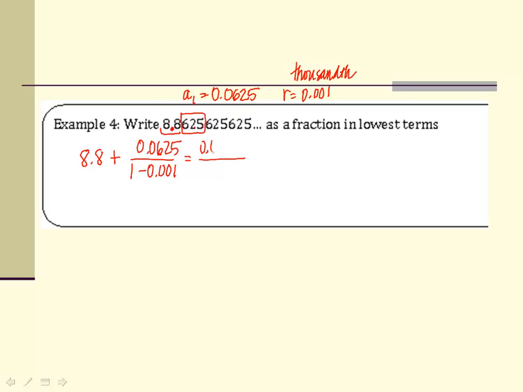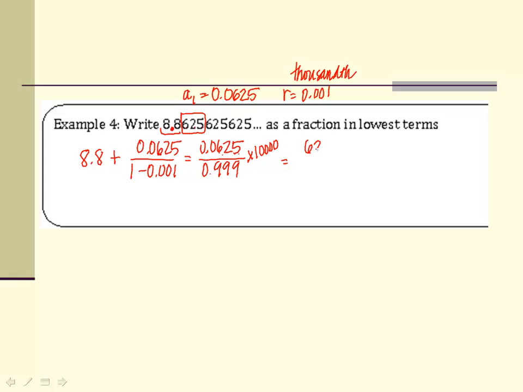All right, so 0.0625 over 0.999. Now, this has 4 decimal places, so I have to multiply by 10,000.